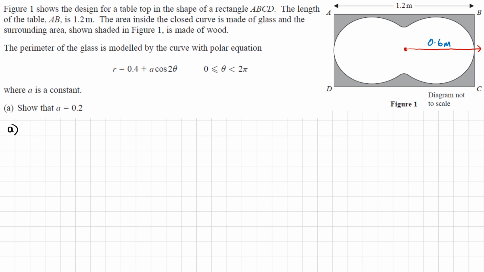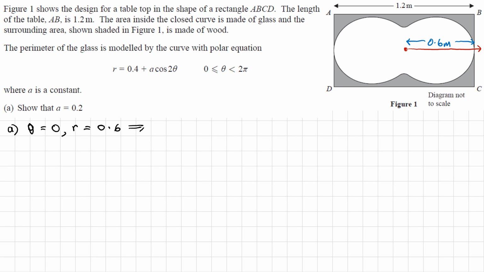So this distance from the pole to the very edge of the glass part of the table needs to be 0.6, and we need to get that when theta is 0, because this initial line is when theta is 0. So when theta equals 0, we want r, the distance from the pole, to be equal to 0.6.